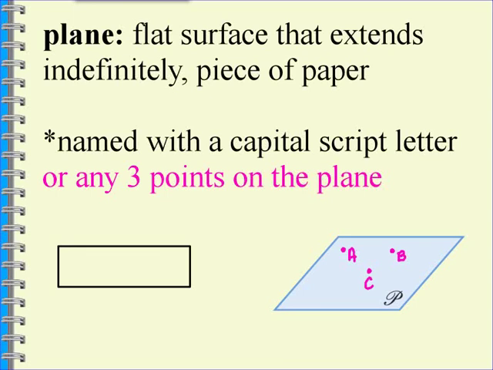Now remember what I said, the pink is not presented in your book yet, but I want you to understand for testing purposes that you can name it with any 3 points on the plane. So if I look at that picture, what would that plane be named?